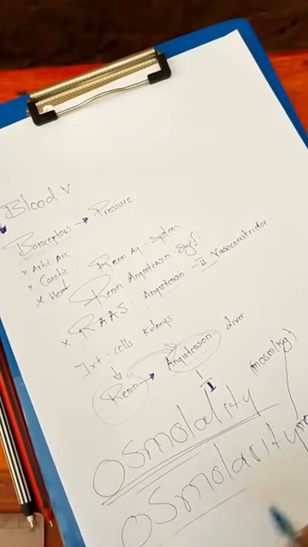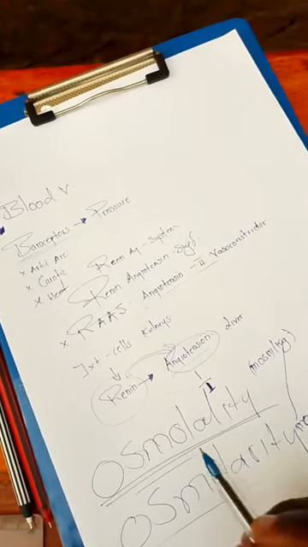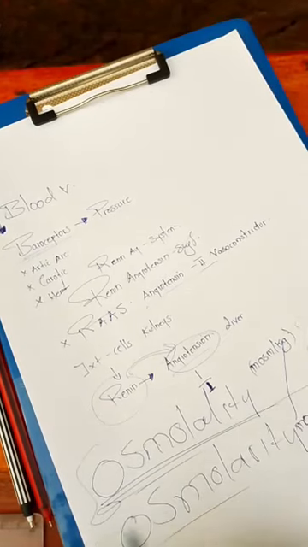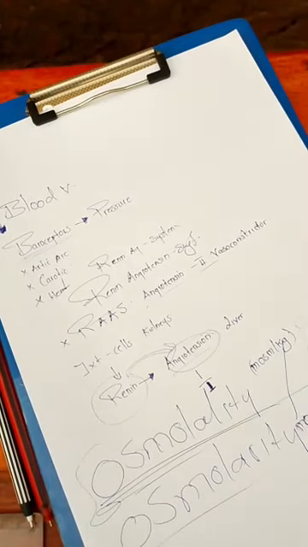And we said that the preferred one in physiology is osmolality, because it is more accurate and it is temperature independent, meaning that it is not affected by temperature. You are free to ask the question.